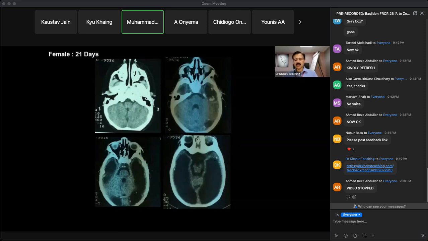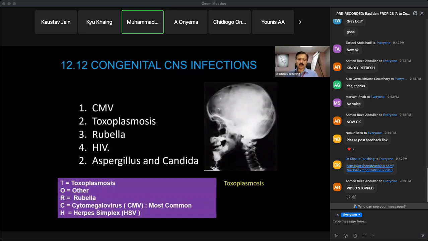Excellent. So this is one of the stigmata of what we call TORCH infections, which include toxoplasmosis, others, rubella, CMV, which is the most common, and herpes simplex. Key exam finding is that these are infections which pass into the fetus through the placenta.